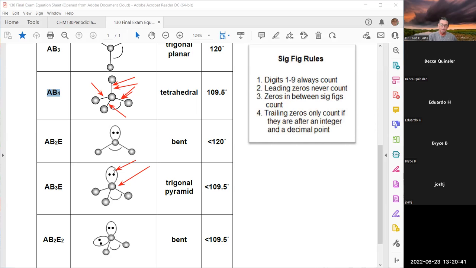And so these 2 electrons occupy more space, shoving that bond angle in.